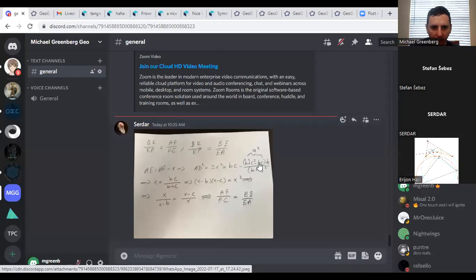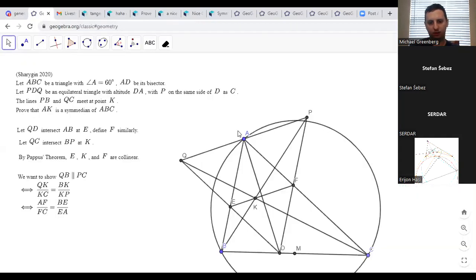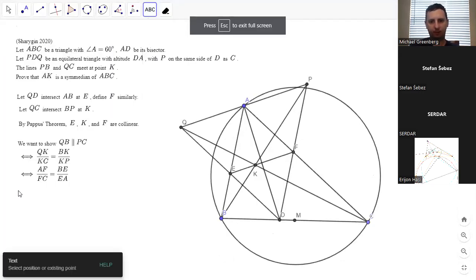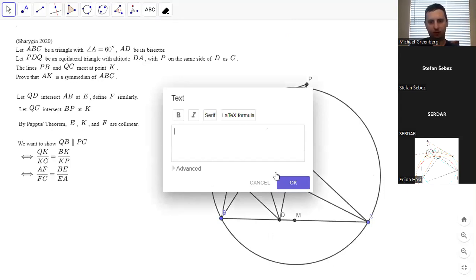We get AD, and we solve for X in terms of B and C. Let AB equal C, BC equal A, and AE equal AF equal X.